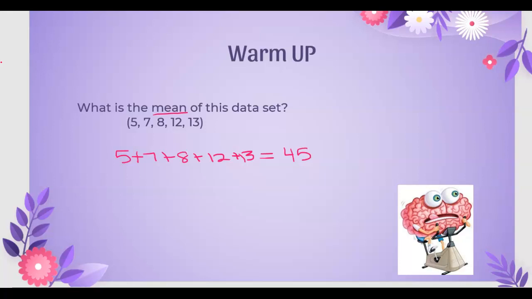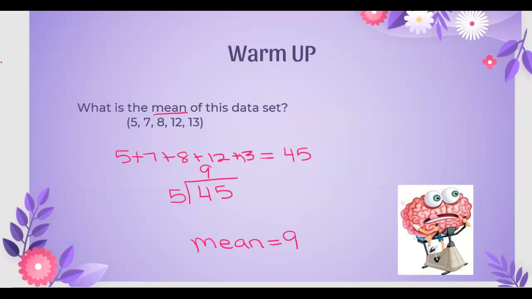Let's see. 1, 2, 3, 4, 5. So that's what I divide that by. I take my 45 and I divide it by 5. You can do that in your calculator, or if you know your multiplication and division facts, you know it's 9. So the mean of this data set is 9.